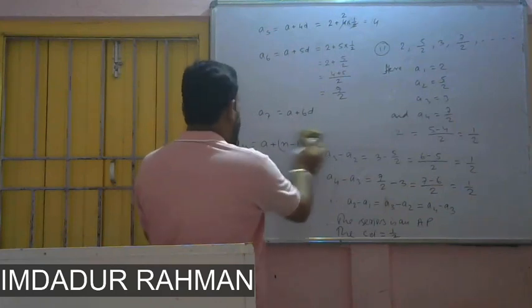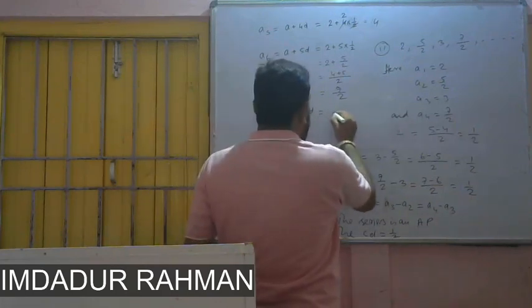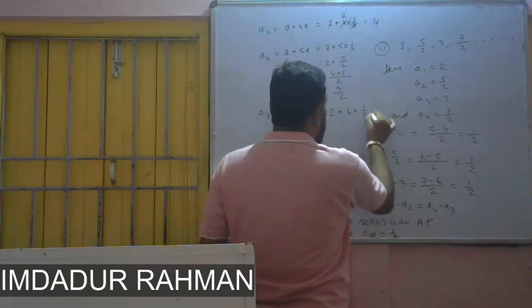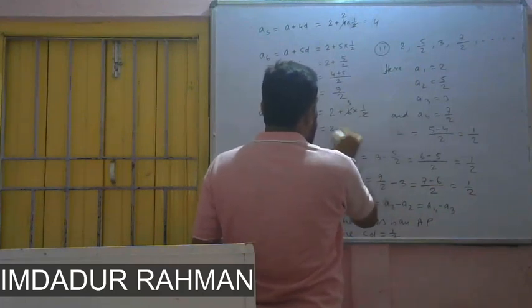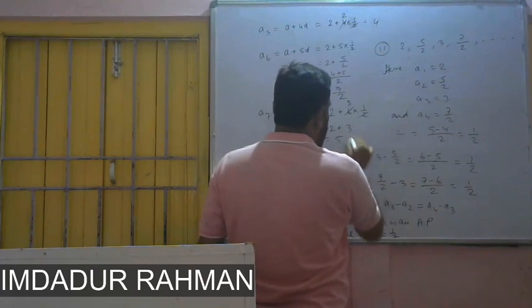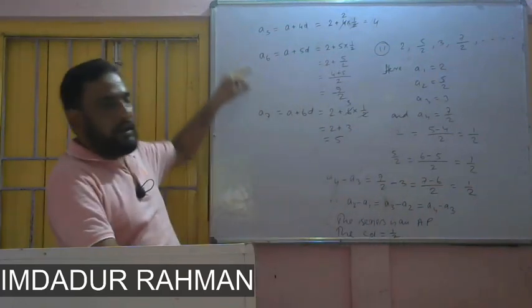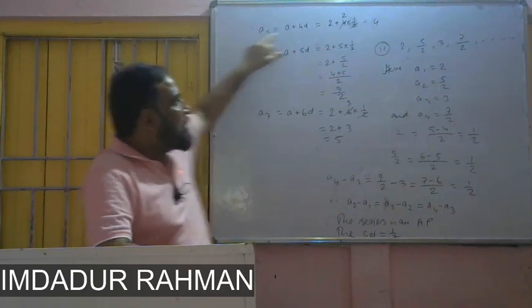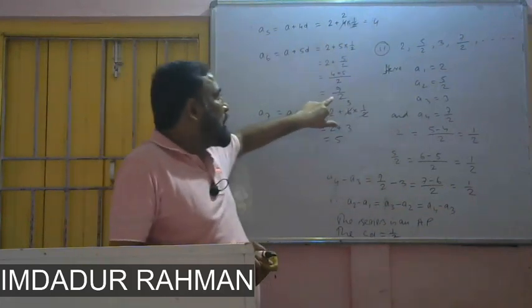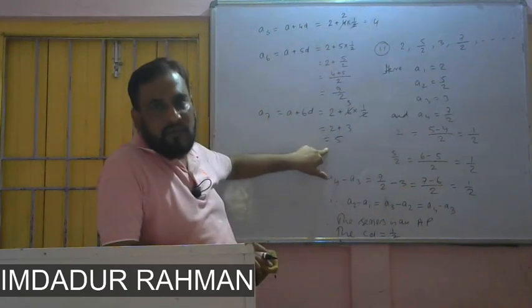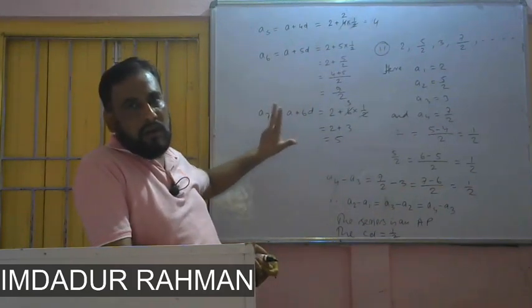Got it? A is 2, plus 6 into 1 by 2 is equal to 2 plus 3 is equal to 5. So the 3 more terms are 9 by 2, 4, 9 by 2 and 5. This is your complete answer.